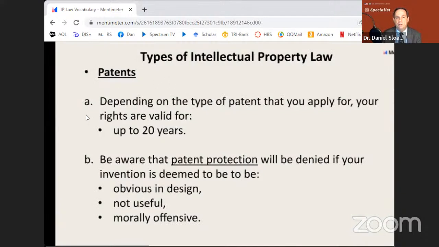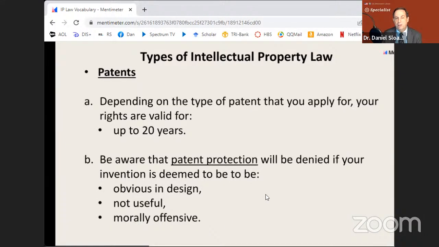And patents also, depending on the type of patent that you apply for, your rights are valid for up to 20 years. Be aware that patent protection will be denied if your invention is deemed to be obvious in design, not useful, or morally offensive.